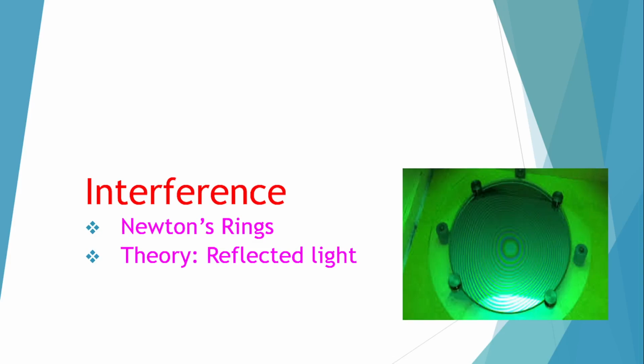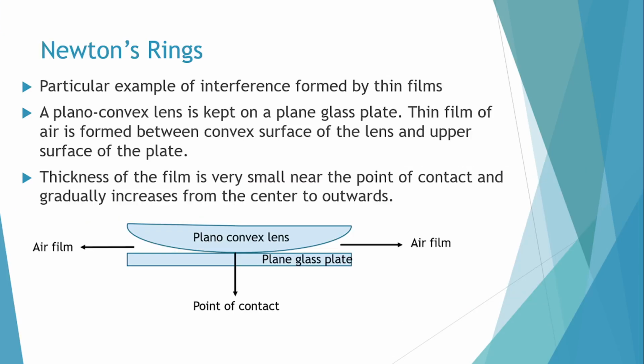And here we discuss Newton's rings experiment along with its theory. We already studied the phenomena of interference and we explained it by using wave theory of light.